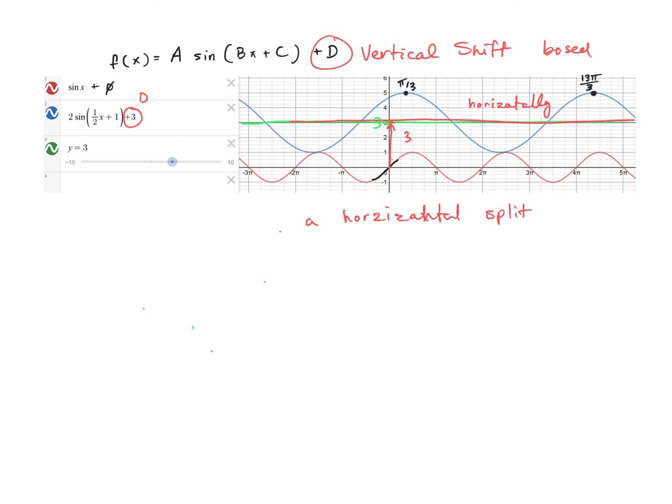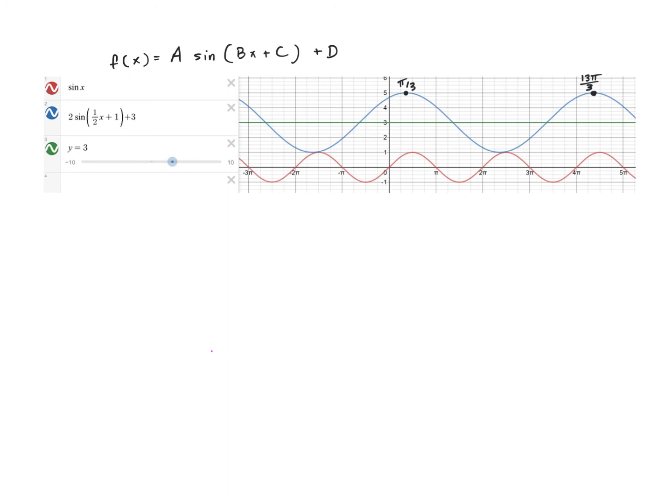Now a little bit different is your C in this case, which is more your horizontal shift. Where if you look here, we don't have any horizontal shift, so we call it 0, but we have here a shift of 1.